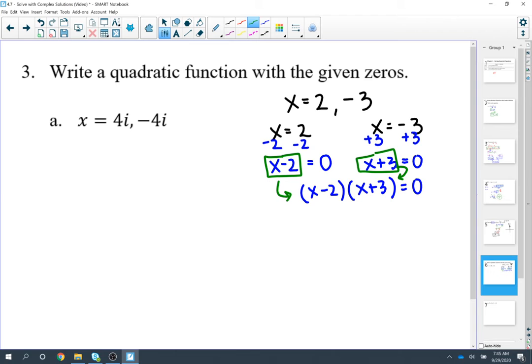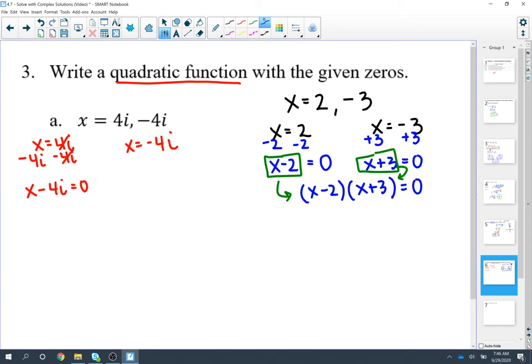So if we apply that to what we're dealing with over here, we have a 4i and a negative 4i. So I could say, well, x equals 4i and x equals negative 4i. Now, in order to get that back to my function, I'd have to think zero product property. So on this one, I'm going to subtract the 4i. So I'm going to have x minus 4i equals 0.